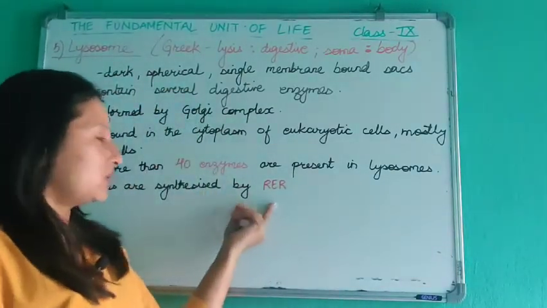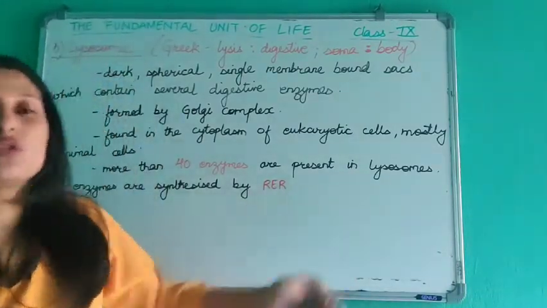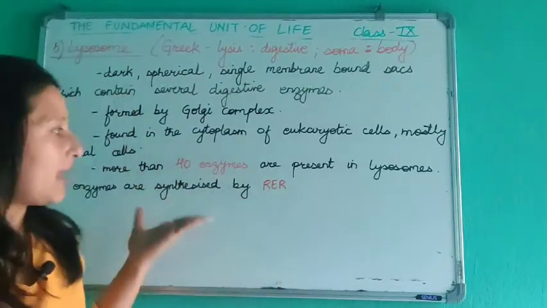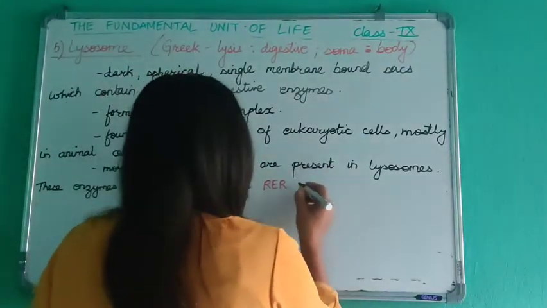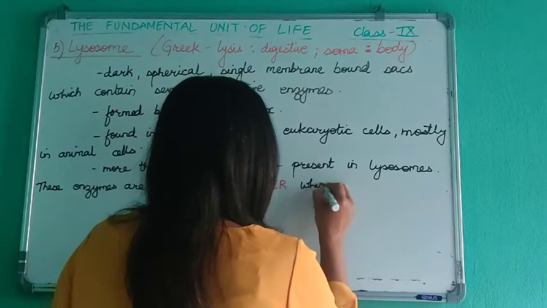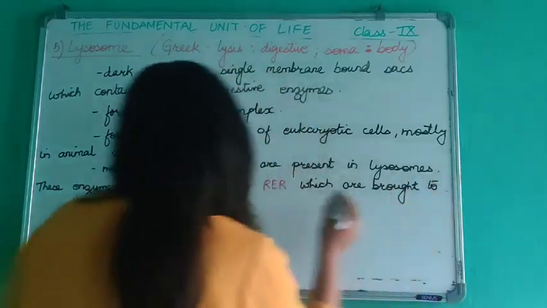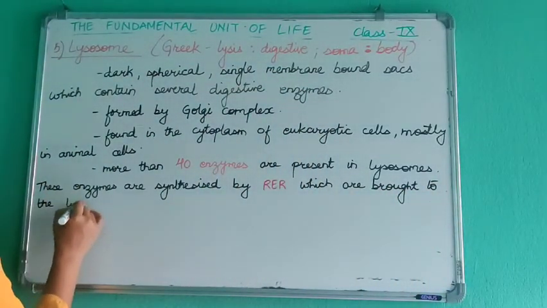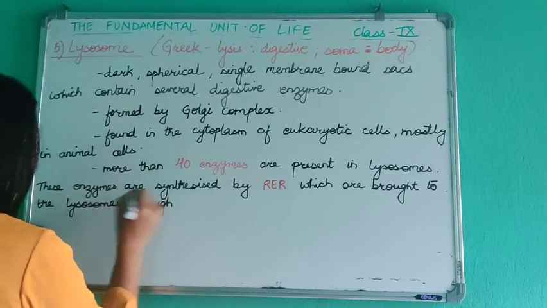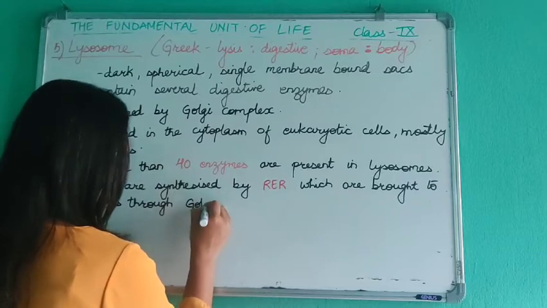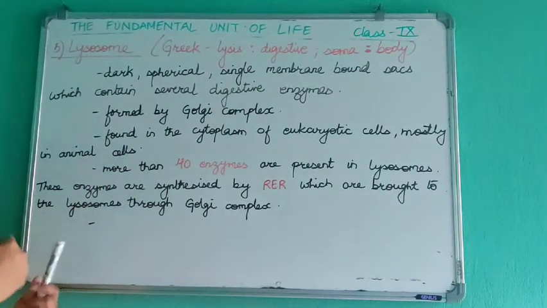Okay, so lysosomes मा भएको enzymes चाहिँ कसले बनाउँदै रहेछ? rough endoplasmic reticulum. अब त्यो चाहिँ lysosome मा कसरी आयो भन्दा चाहिँ it is brought into the lysosomes through the Golgi complex.